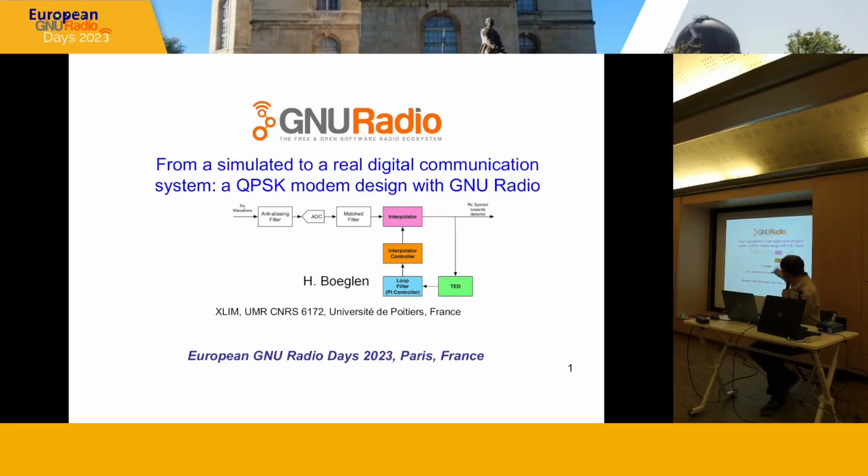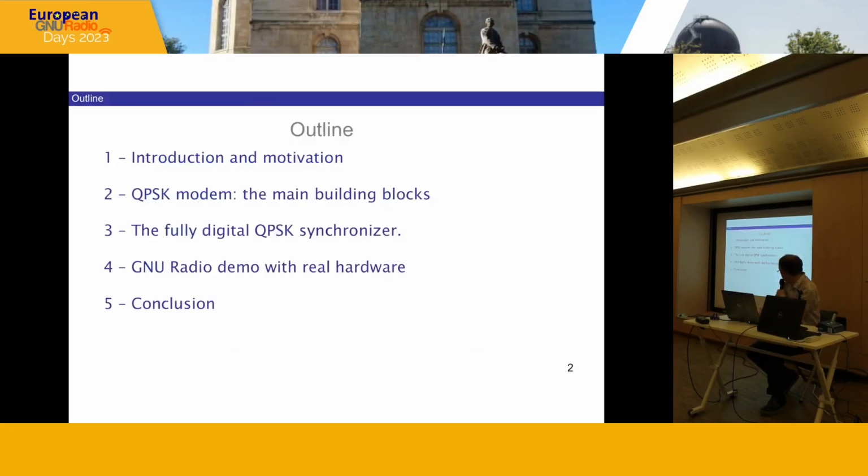And as you can see, you've got a DPLL with the famous timing error detector shown here. So I'm going to talk about that, of course. So the introduction and motivation first, and then I'll talk about the QPSK modem with the main building blocks.